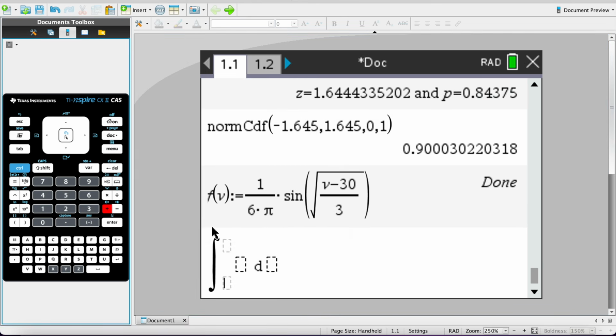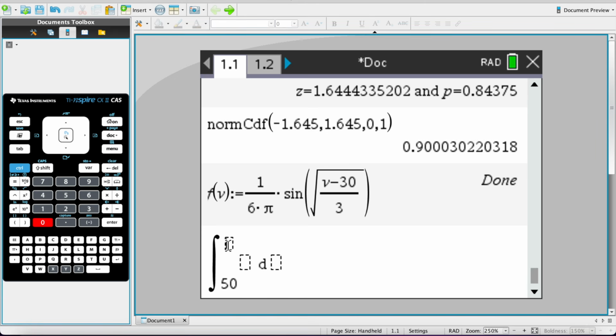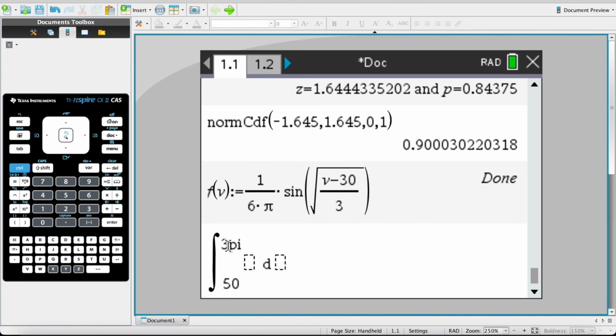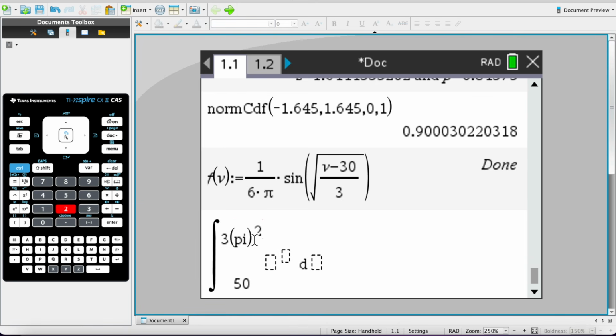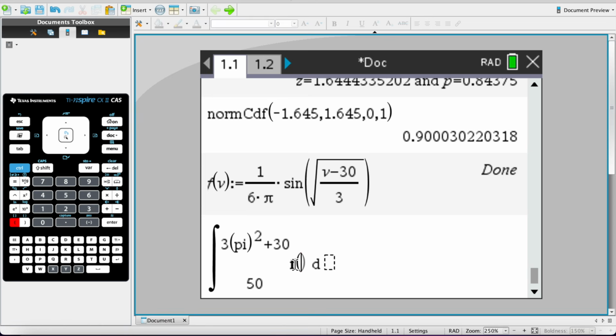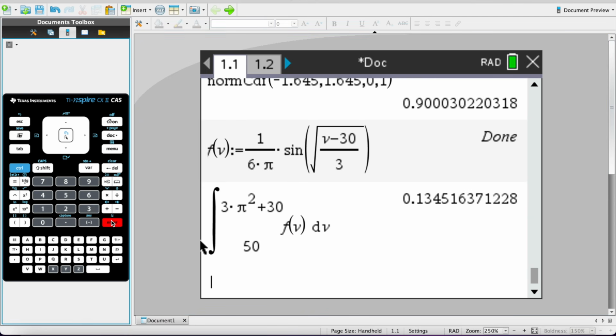It says 50 meters per second, so from 50 all the way to 3 pi squared plus 30. Oops, not in the power. We don't need this, it's just f of v dv. And that gives you, it says to 4 decimals, so 0.1345.